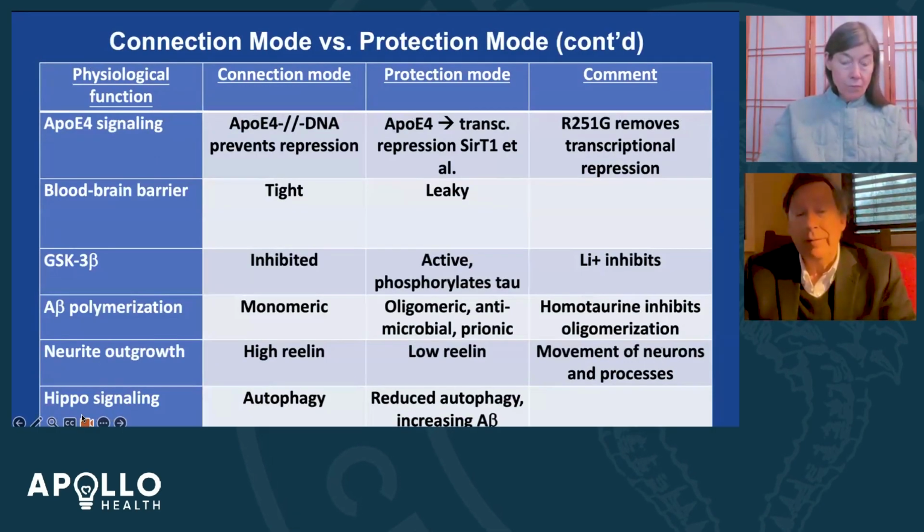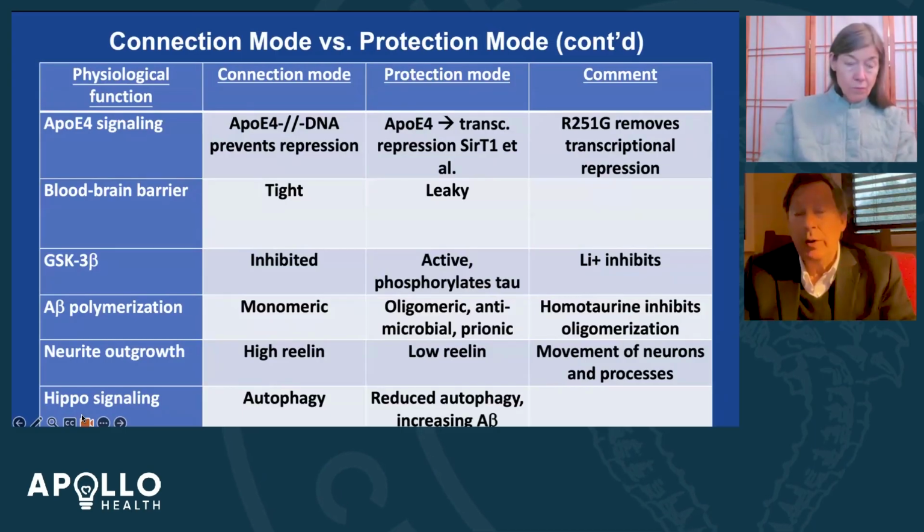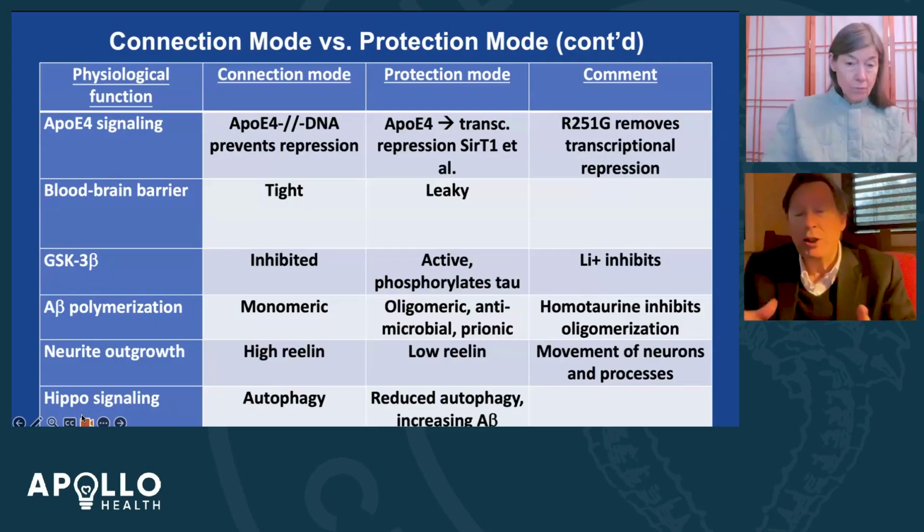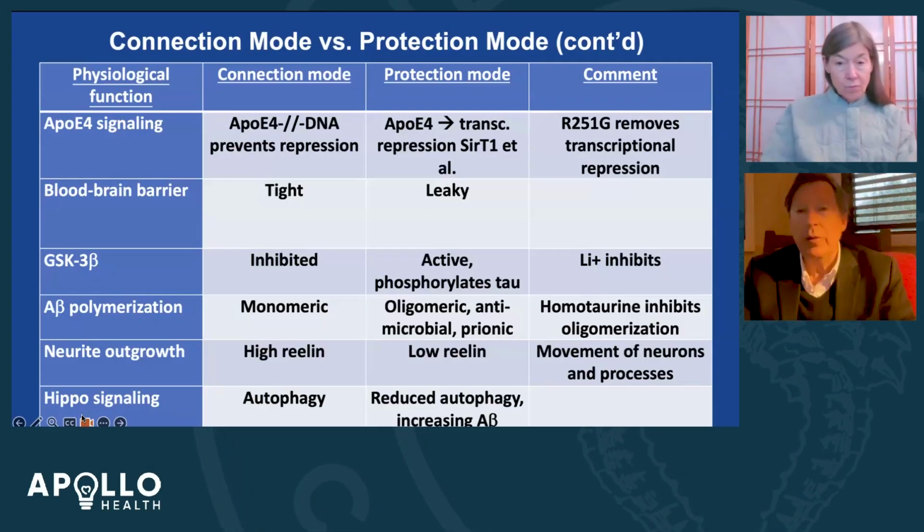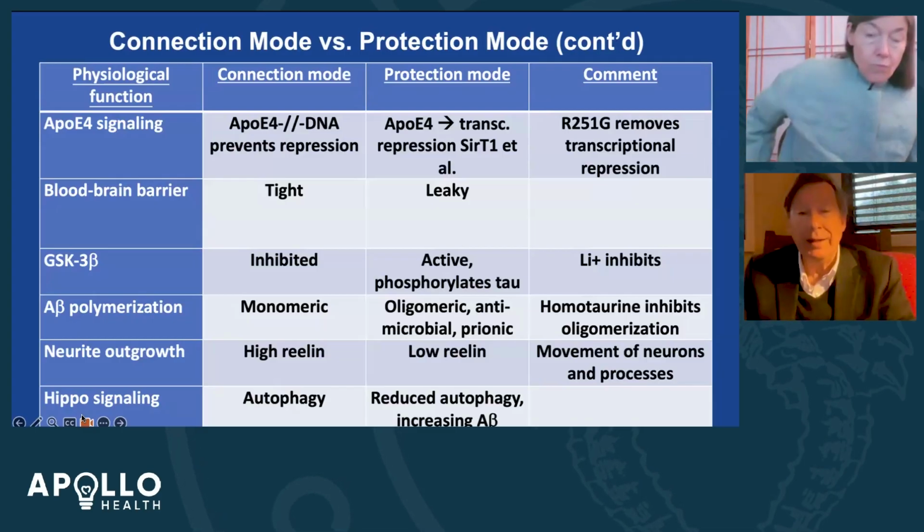The ApoE signaling, very interesting. So ApoE4 in connection mode is off the DNA, and it prevents the repression of these 1,700 genes that we discovered years and years ago that are inhibited by ApoE4. And so you can actually see, for example, SIRT1 is one of many examples.